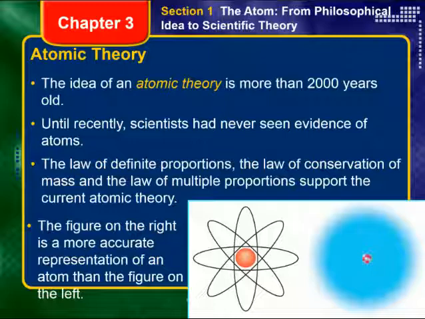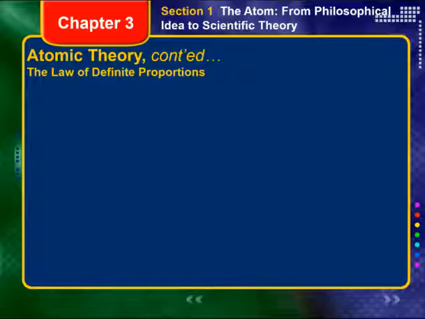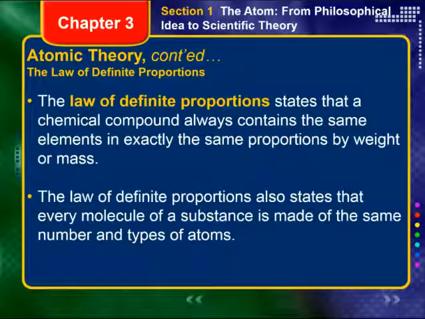At a certain point in history, yes, this was believed to be the true form of an atom, but we now know that's not entirely accurate. We now know that something a little bit closer to what's on the right is a better representation of the true form of an atom. Let's get started with those fundamental laws.